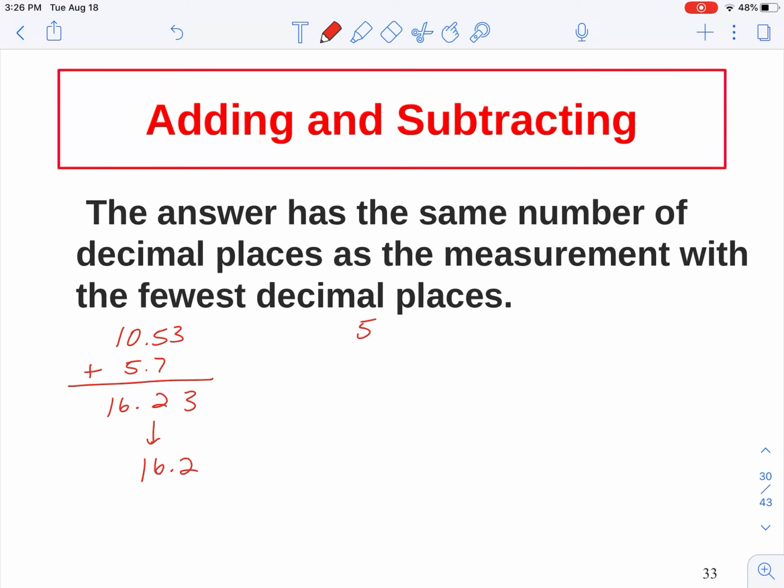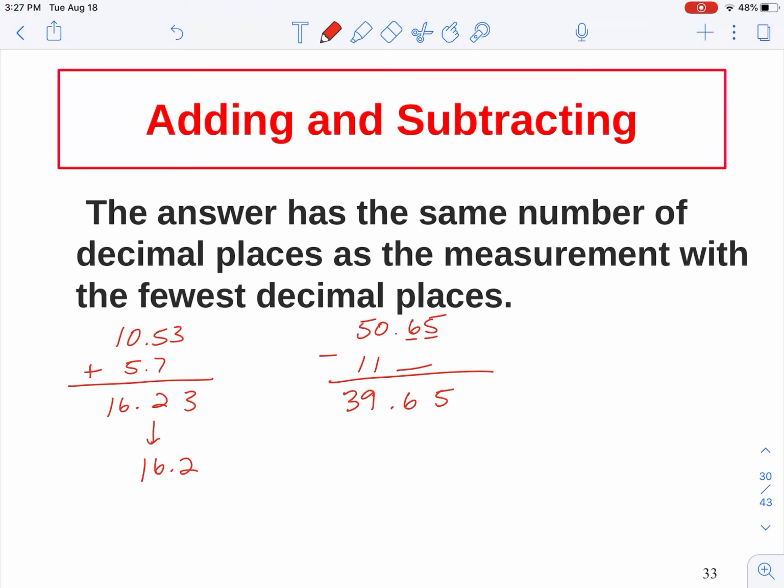You have 50.65, subtract 11. And when you do that, you get 39.65. But in looking at this, once again, we round based on the amount of decimal places.